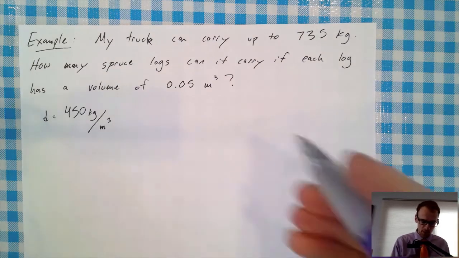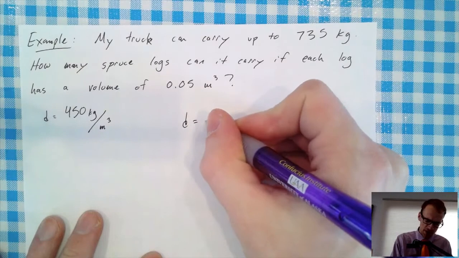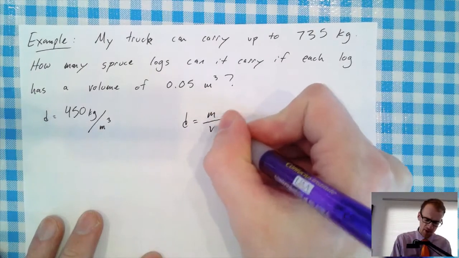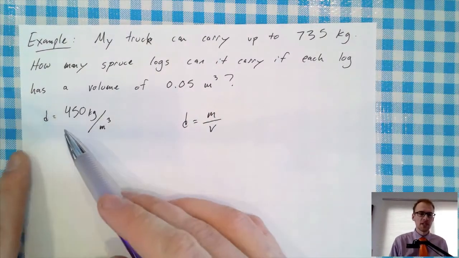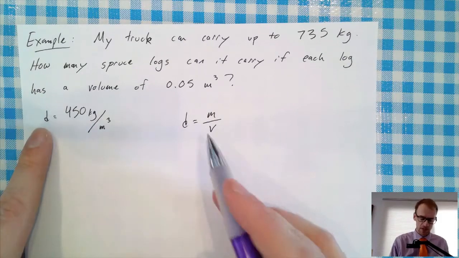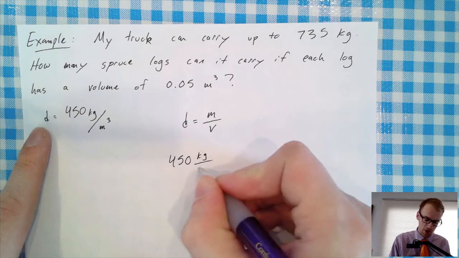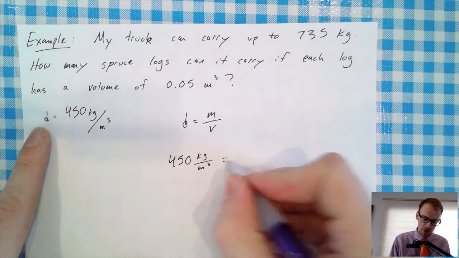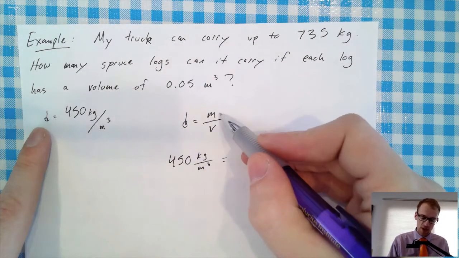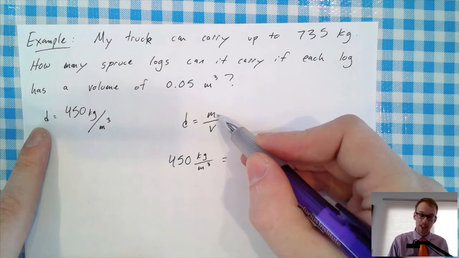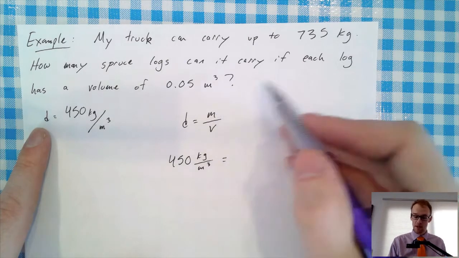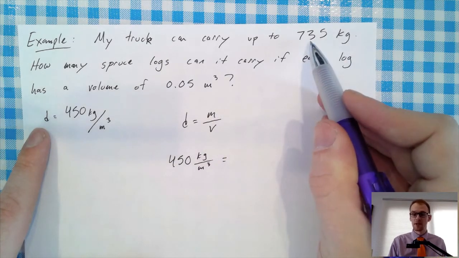Let's use our formula. Density equals mass over volume. Well, there's D. I can pop 450 in there for D. I'm going to put the units in here. Kilograms per cubic meter equals mass over volume. What's my mass? Well, my maximum mass that my truck can carry is 735 kilograms.